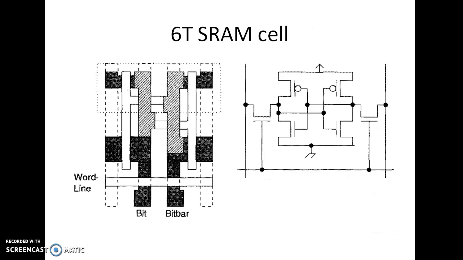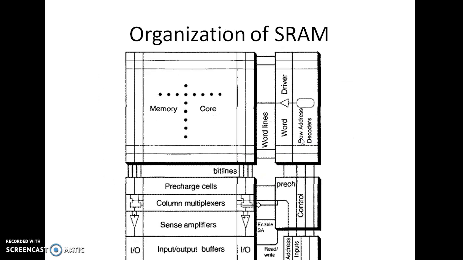And 6T means 6 transistors. When would it be in read or write state? When this word line is logic 1, it would be in read or write state. When it is logic 0, it would be in hold state.